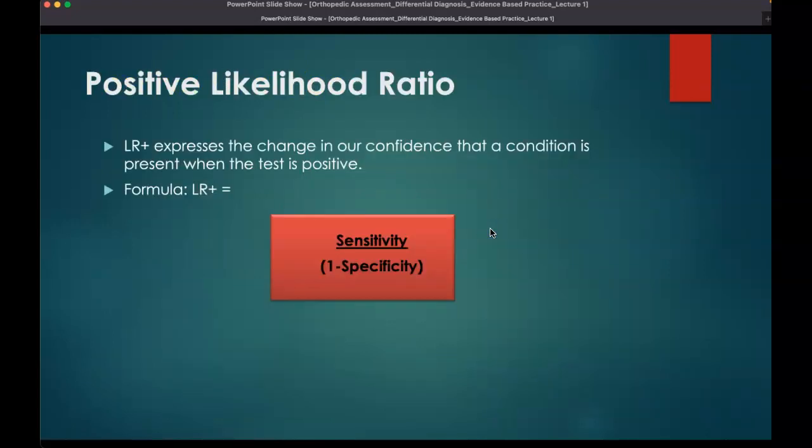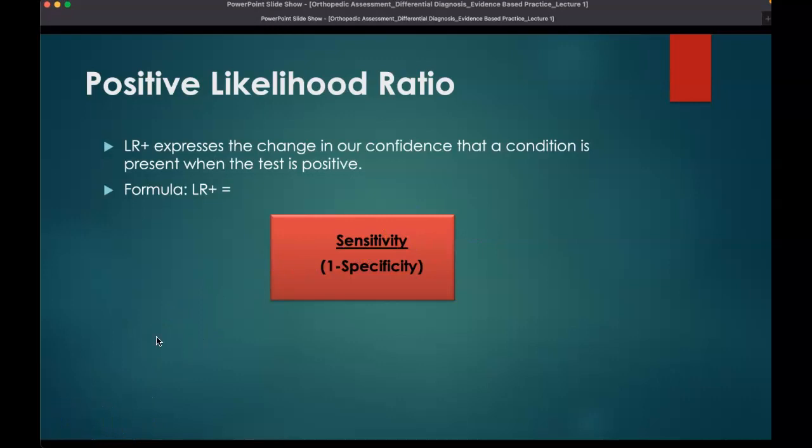A positive likelihood ratio expresses the change in our confidence that a condition is present when the test is positive. So when we think about positive likelihood ratios, they are going to be linked to specificity tests. So a highly specific test is always linked to a positive likelihood ratio.